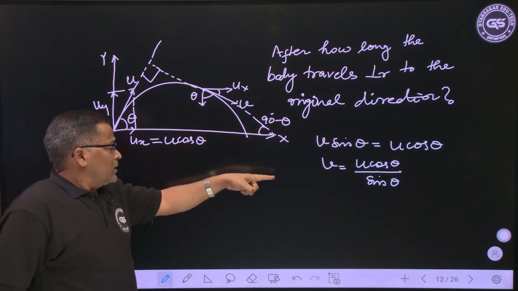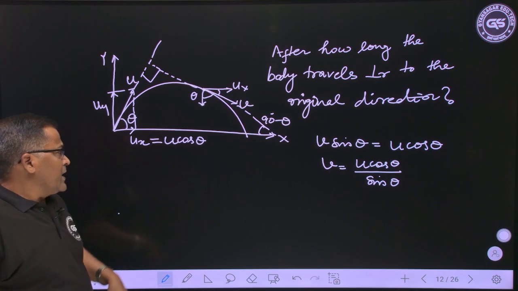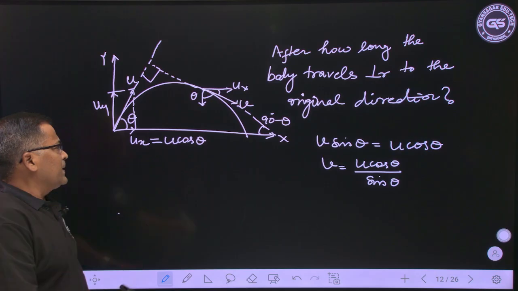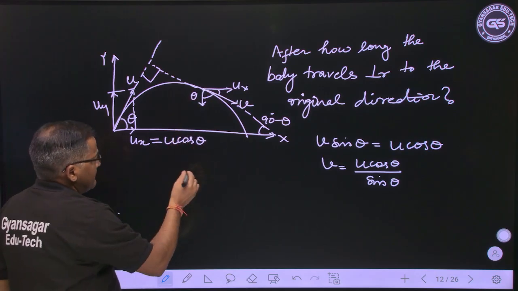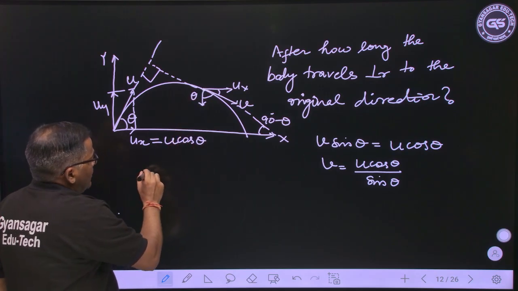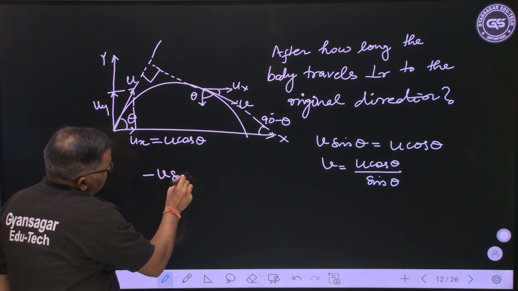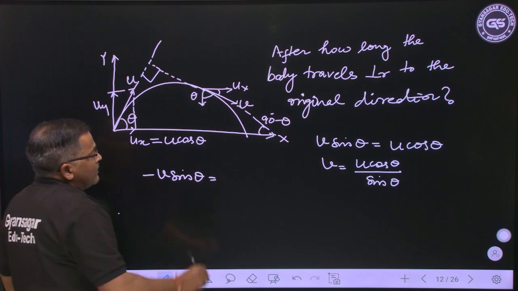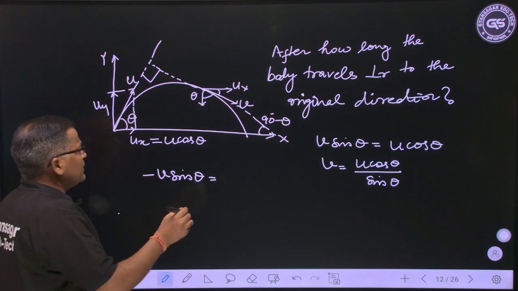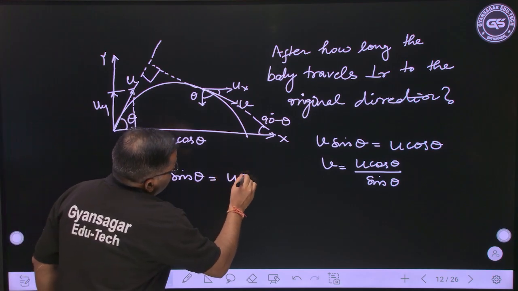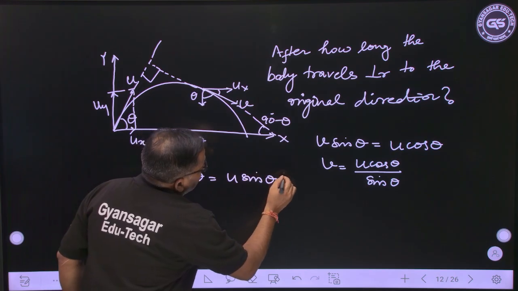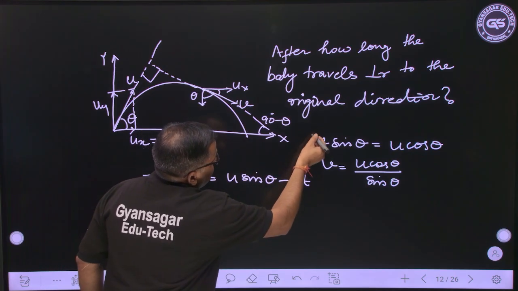Now we have already found this thing, and from this, minus v cos theta is equal to u sin theta minus gt.